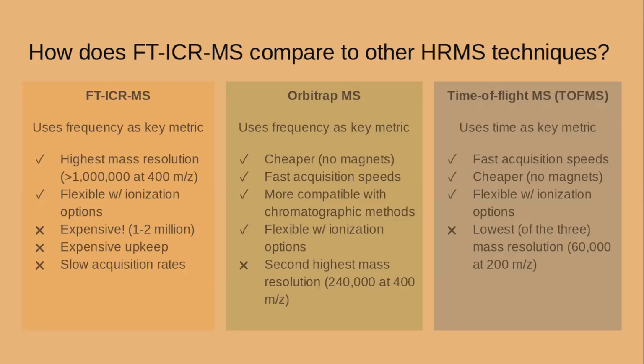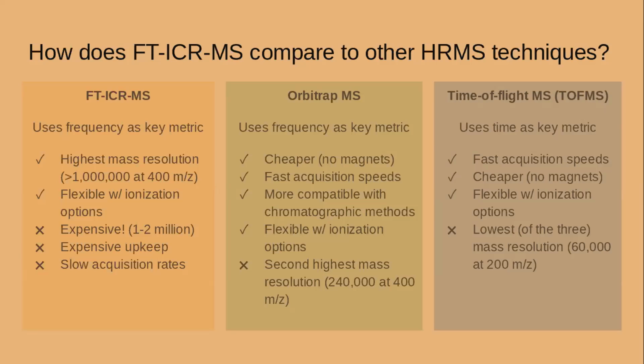And so we'll look at FTICR as it compares to Orbitrap and time of flight, which I will say it was very hard to find advantages and disadvantages for these things, because a lot of their advantages I felt were quite similar. For all of these methods, you could use different kinds of ionization. None of these destroy the sample.